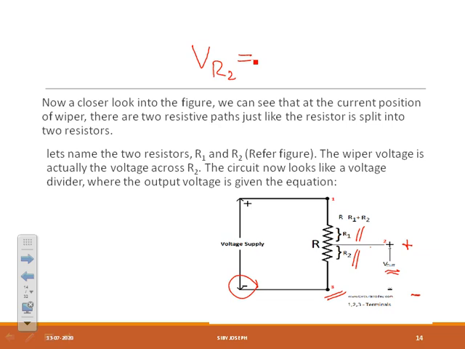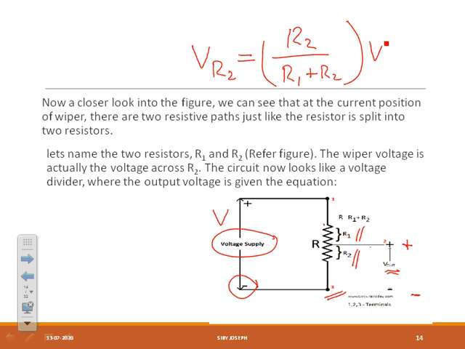The voltage across R2 can be written by using the voltage division rule. The voltage division rule says: whichever resistance you want to find the voltage across, that resistance, here R2, is divided by the total resistance of the loop, that is R1 plus R2, because these two resistances are in series, into the applied voltage. The applied voltage is nothing but the supply voltage, and it is represented by V.